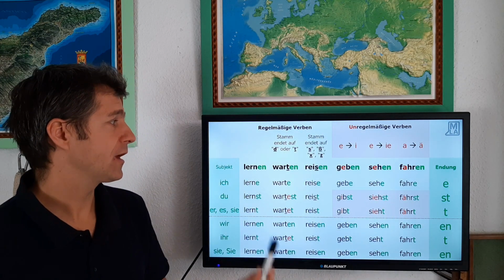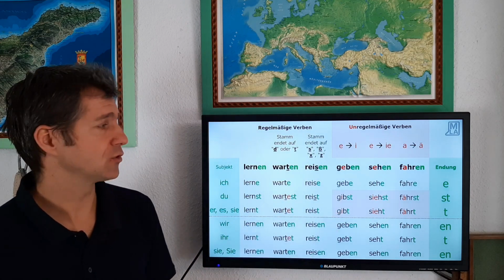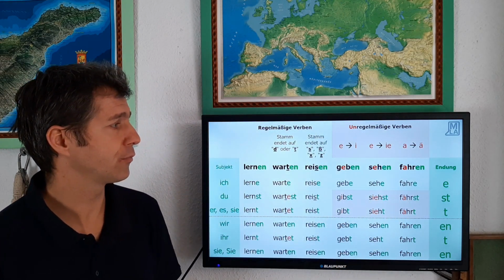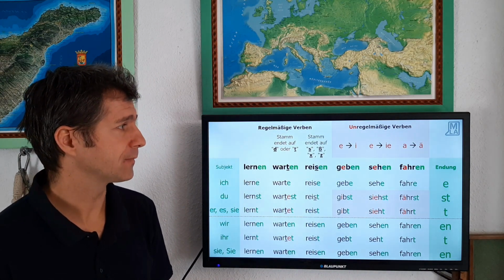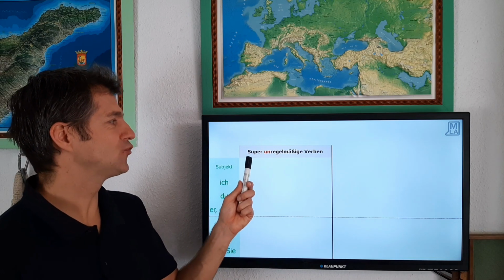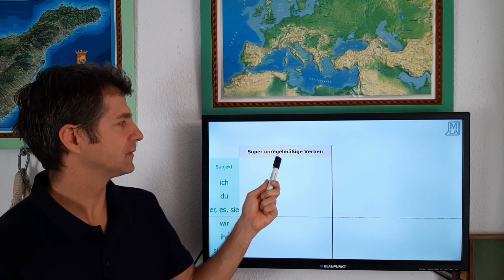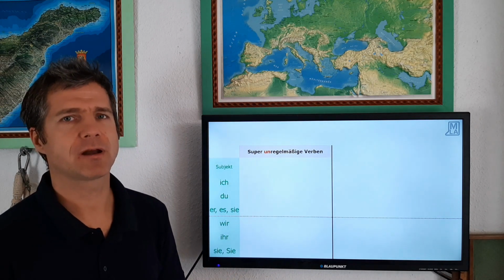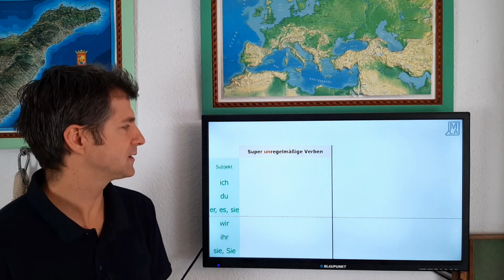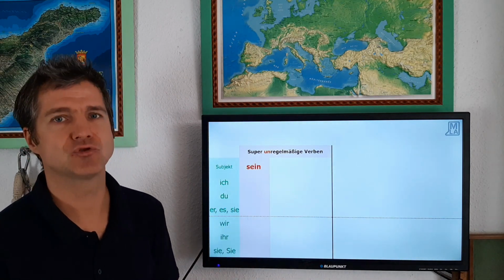Okay, so we have regular verbs, we have irregulars in German. Just remember, irregular just in second and third person in singular. Okay, but like as always, there are some super unregelmäßige Verben, some really irregular verbs. And the most important verb in German is actually the verb sein, to be.